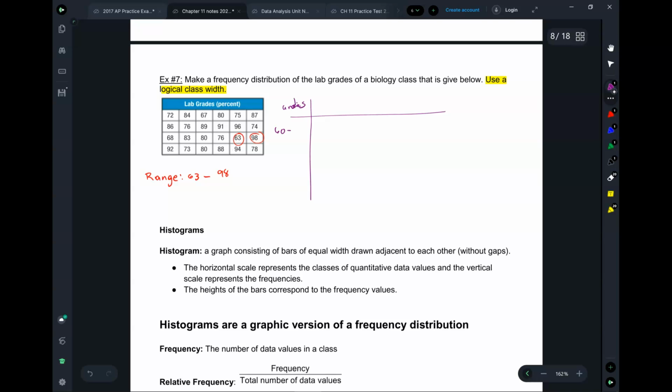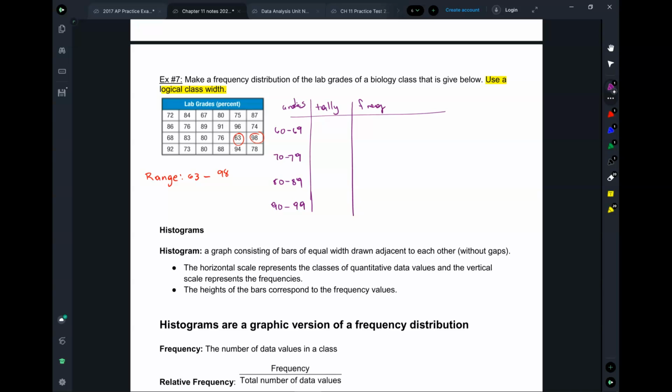We start from 60 to 69, 70 to 79, 80 to 89, 90 to 99. Okay, and then you're going to tally, and then you're going to have the frequencies.